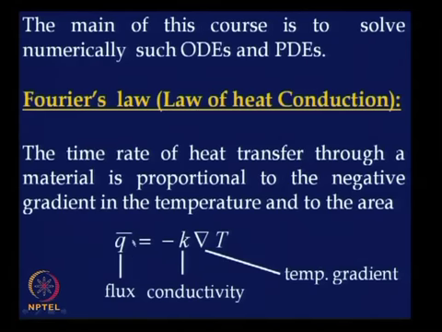So, q bar, the vector field, is the heat flux, and this is related to the temperature in this form. Here K is the thermal conductivity of the medium, and grad T is the temperature gradient. This is very popularly known as Fourier's law.